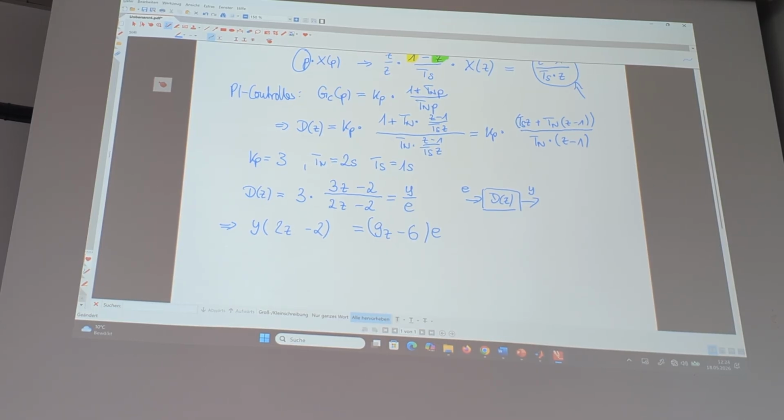And if we multiply with z to the power of minus 1, then we get finally y times 2 minus 2 z to the power of minus 1 times y is equal to 9e minus 6 z to the power of minus 1 times e.